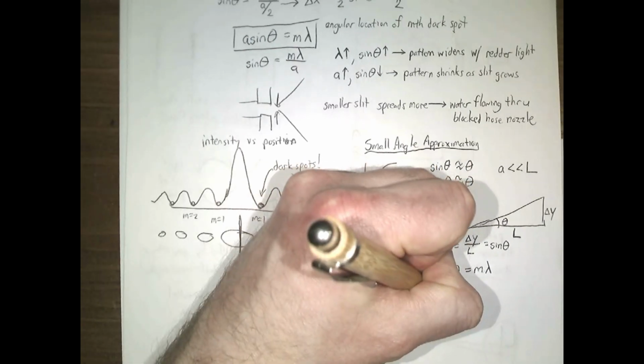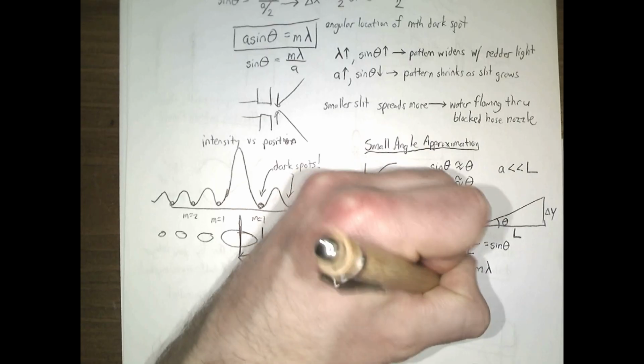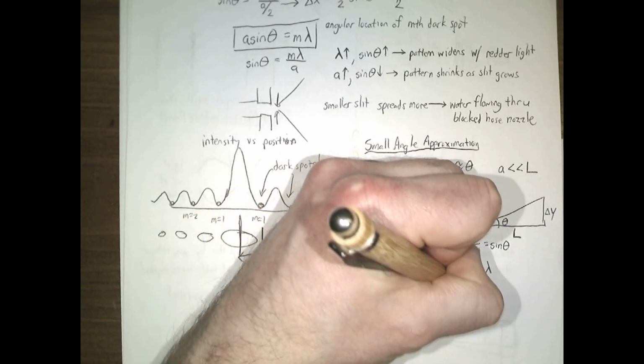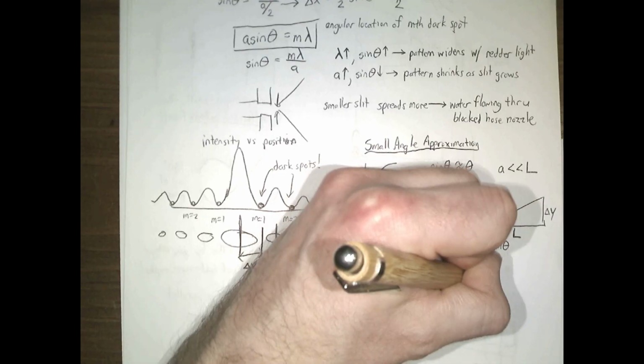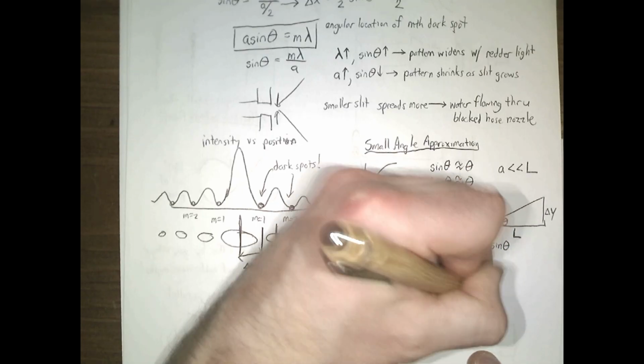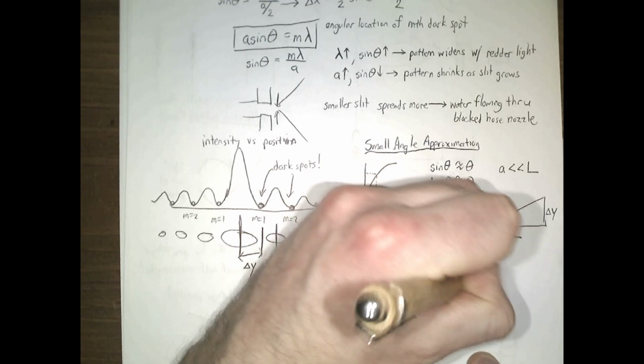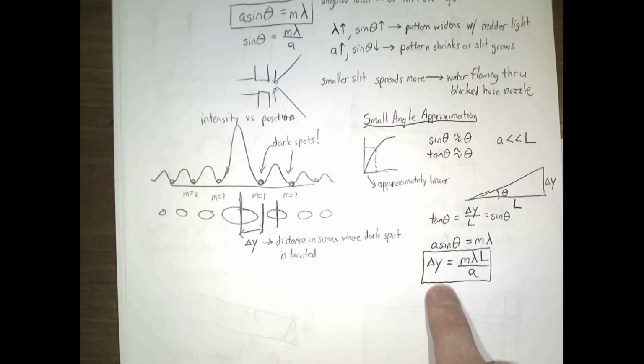So we can replace that and say now that y is equal to m lambda times L over A. So this is a way to allow us to measure the actual distance the spot appears rather than the angle, which could be pretty tricky to measure in a practical way. So that's the magic of the small angle approximation.